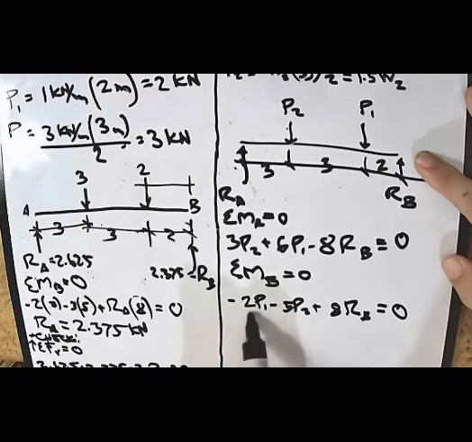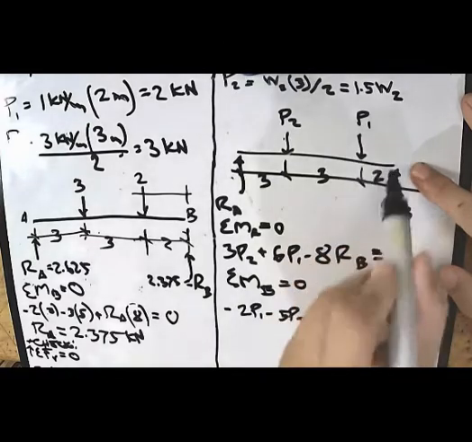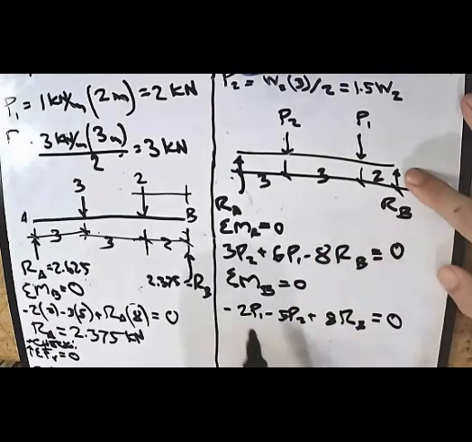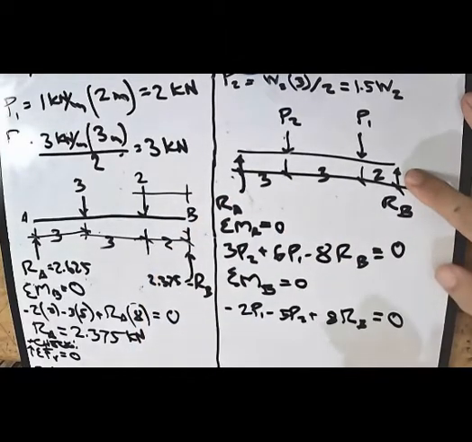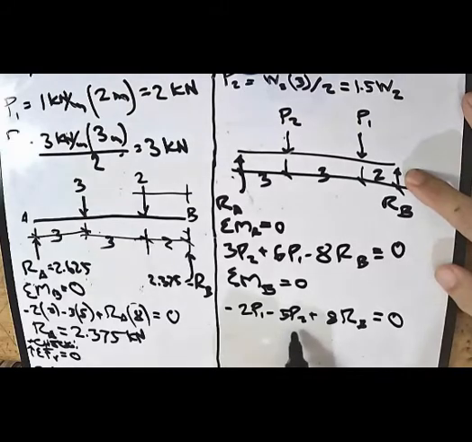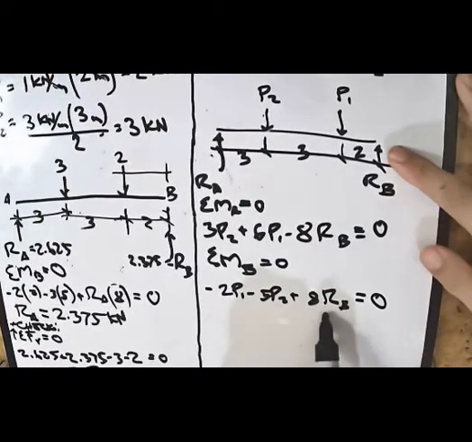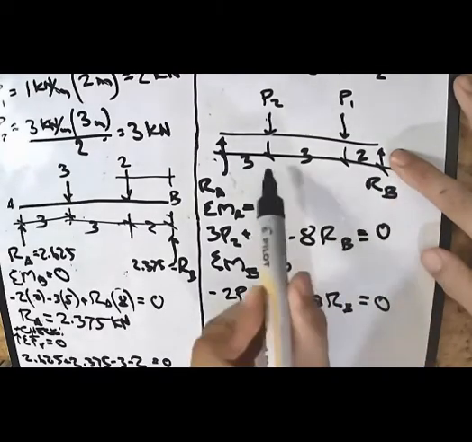And what is this 2? It is the distance of your P1 from the axis of rotation, or that is known as the lever arm. Ganon din sa 5. Yan yung distance ng P2 from the axis of rotation. So, this is 3 plus 2 will give you 5. And then, si reaction at A naman, yung lever arm niya from point B is 8.